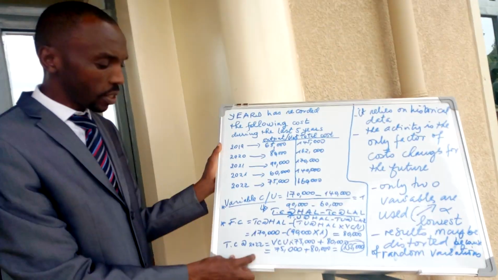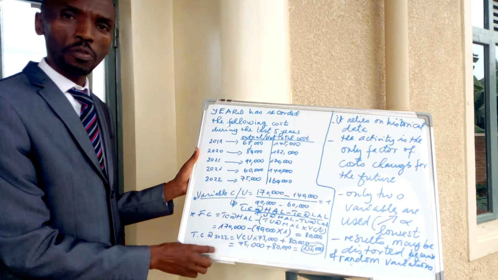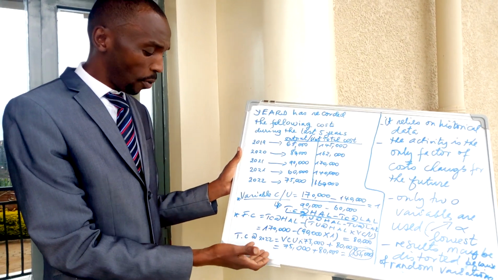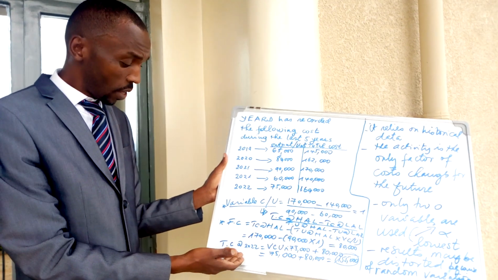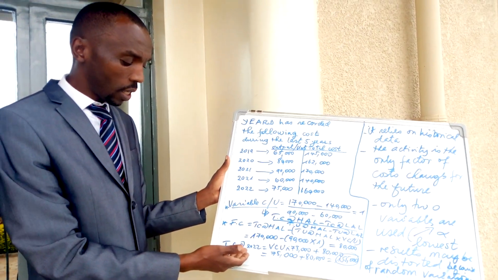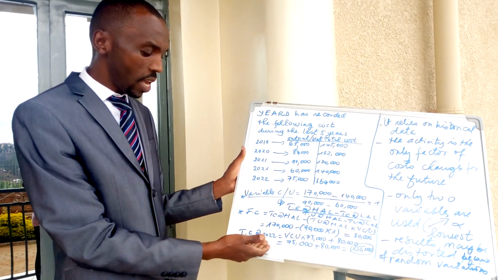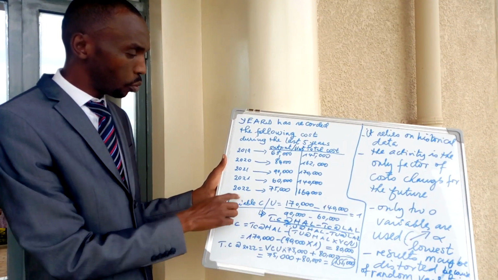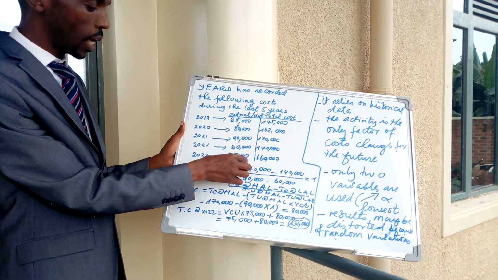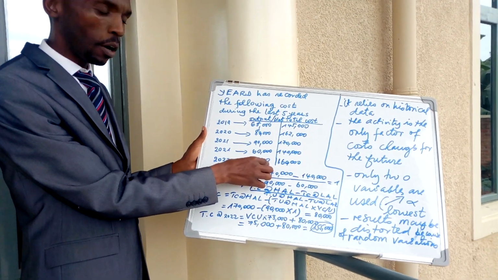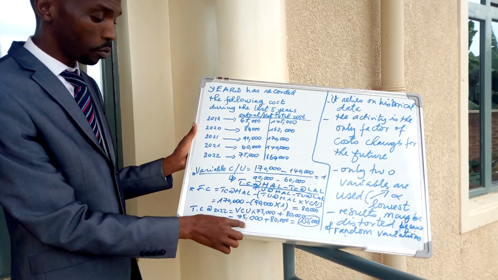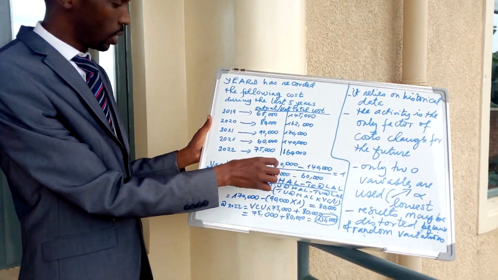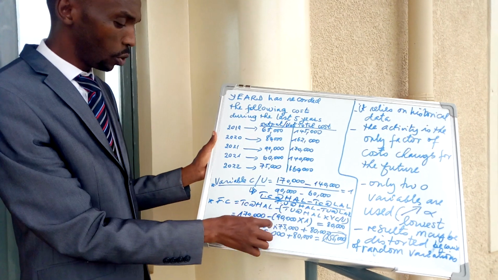The variable costs here, we can now determine the total variable cost depending on the year that we want to calculate the cost. For example here, at random, if we want to calculate the total cost in the year 2022, the number of units to be produced or sold is 75,000. Now you take 75,000 times the variable cost per unit, which is 1.